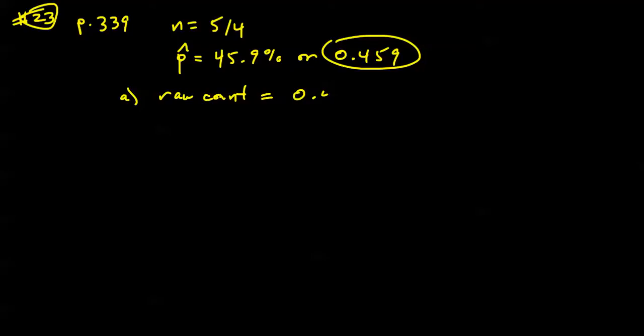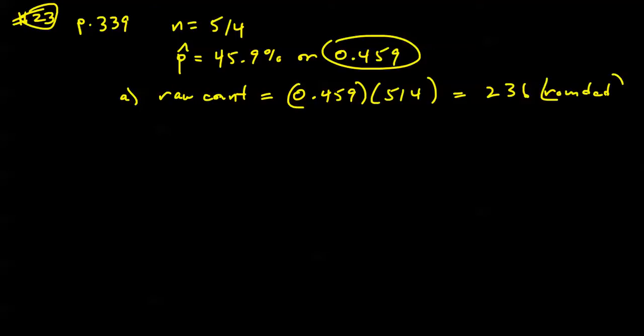So all I need to do is take that 0.459 proportion, multiply it by 514, and I'll get 236 rounded. Now you've got to round these values that the calculator gives us, because when I use the one prop zint, I'm only allowed integer values for that x input. So I'll say x here is going to be 236.